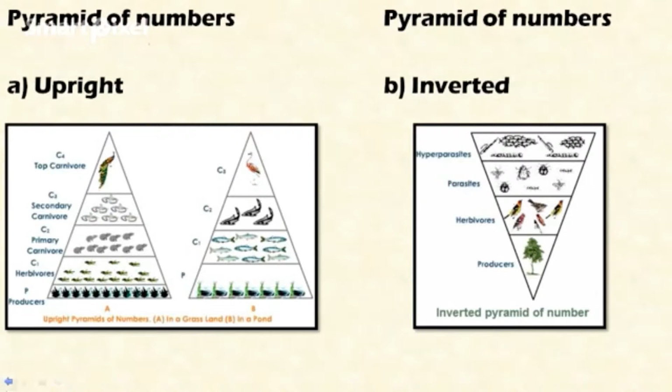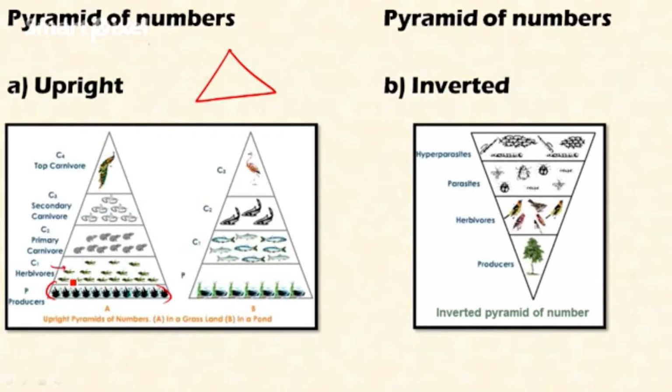This pyramid of numbers may be upright as well as inverted. If the primary producers are more in number when compared to the next trophic levels, then the pyramid of numbers will be in an upright position. Here in a grassland ecosystem, the number of grasses is more when compared to the primary consumers.